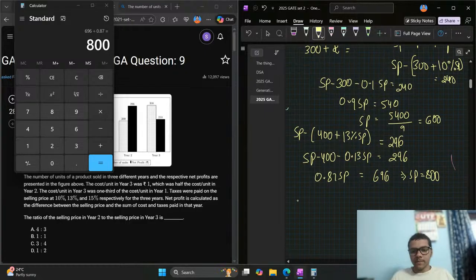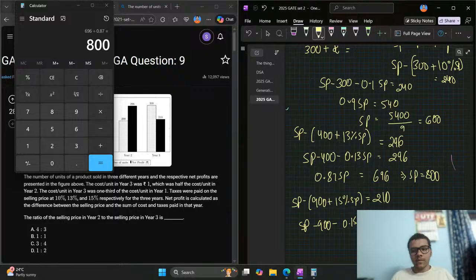And similarly, selling price minus, okay, and what is the cost price? 3 rupees, 300 units, that will be 900. And 15% of SP is equal to how much? You got a profit of 210 this year, that's it. SP minus 900 minus 0.15 SP is equal to 210.